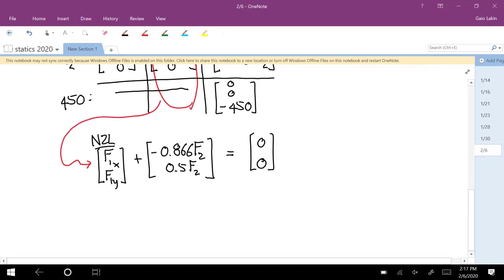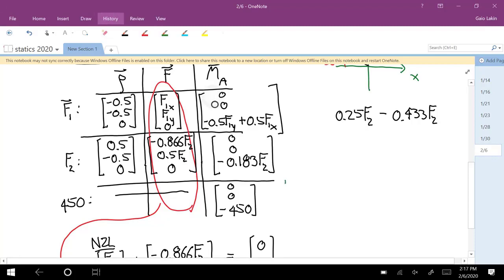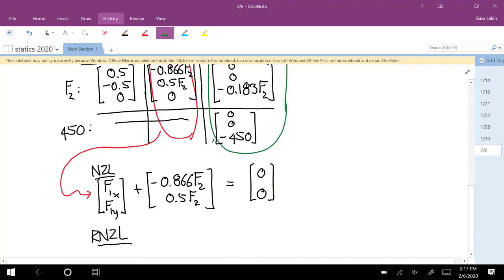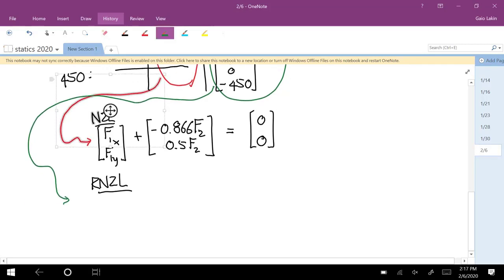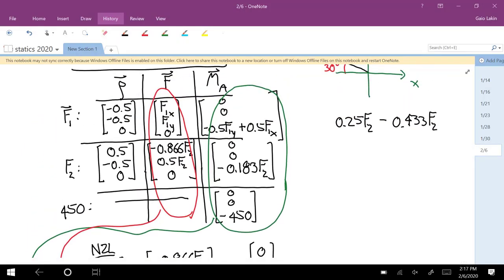And then for the moment equation, rotational Newton's second law, I'm going to take all these and add them together, and that gives me the left side of the rotational equation. If we did it for x and y, for each one, we just get 0 equals 0. That doesn't help us at all. So I'm just going to write down the z equation.